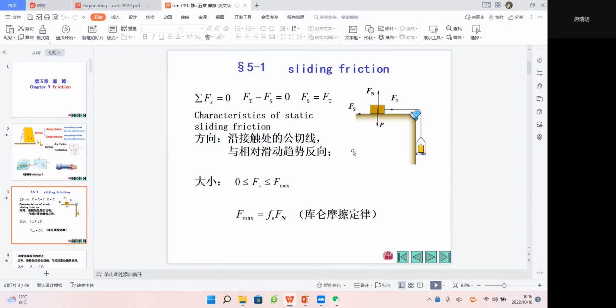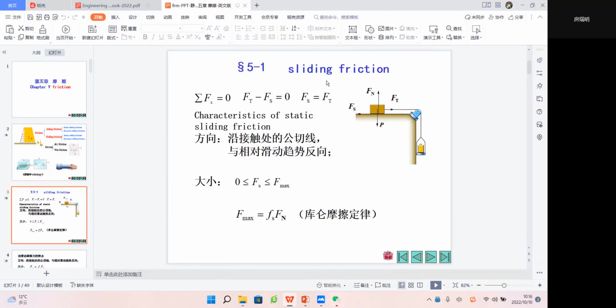Then we know the biggest friction force can be found. At that critical condition, it is about to move but not yet moving. At that critical point, we have this equation: F max equals Fs times Fn, where Fn is the support force. So this is the so-called friction law from the famous scientist Coulomb, right?